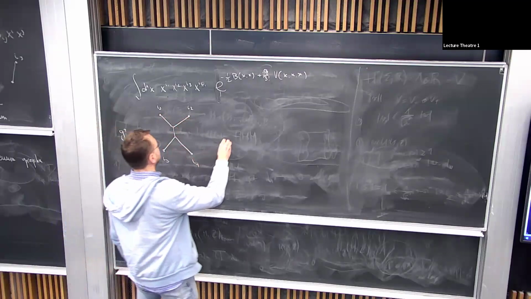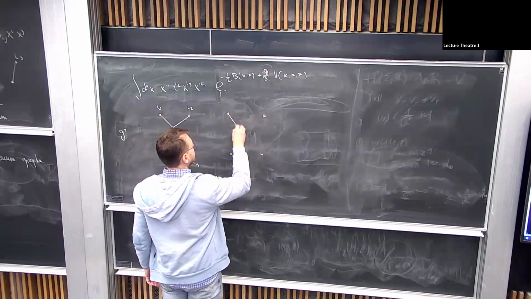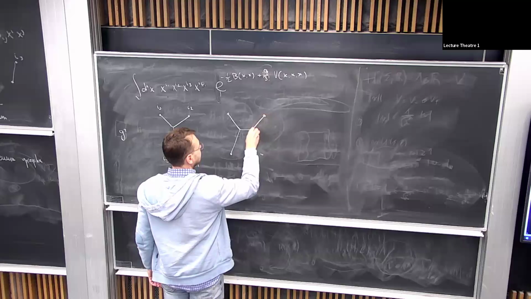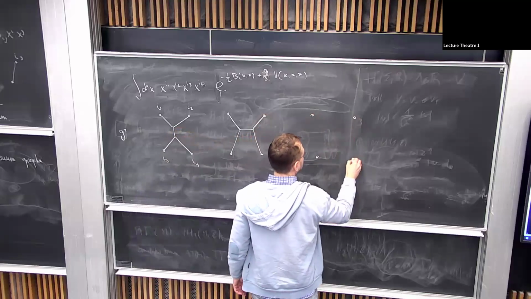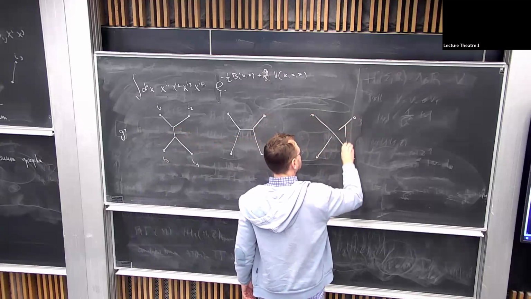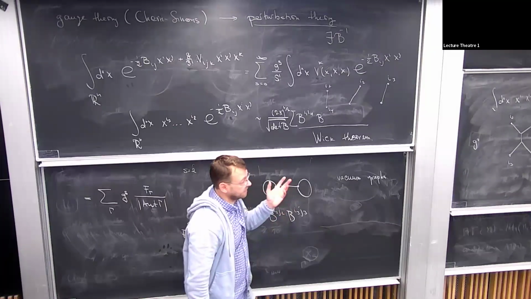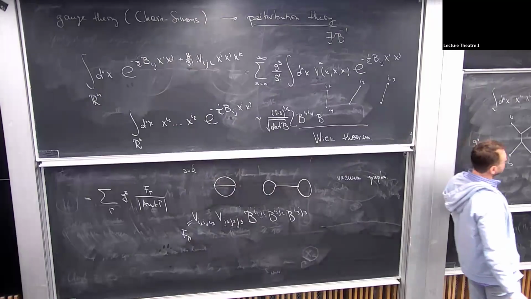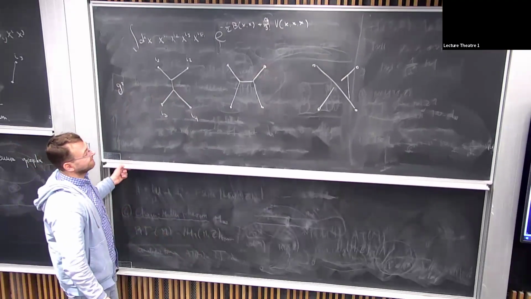For example, I will have this, then this guy, and then finally these guys. And so on. But again, the problem is that once you go to high order, complexity grows very, very fast.